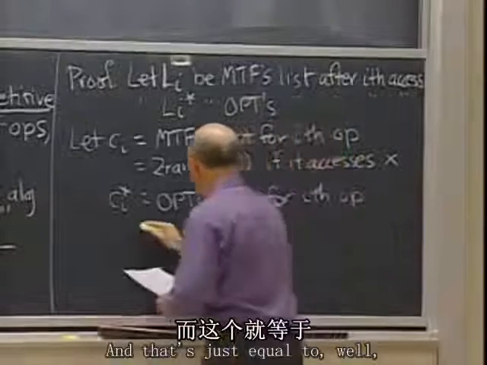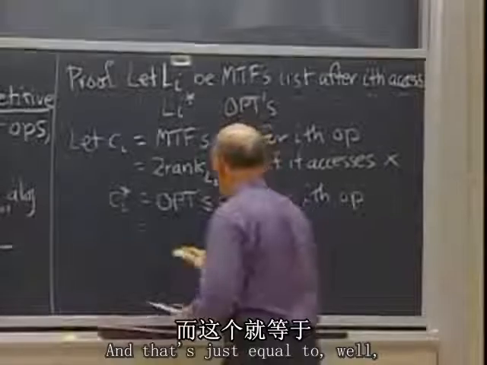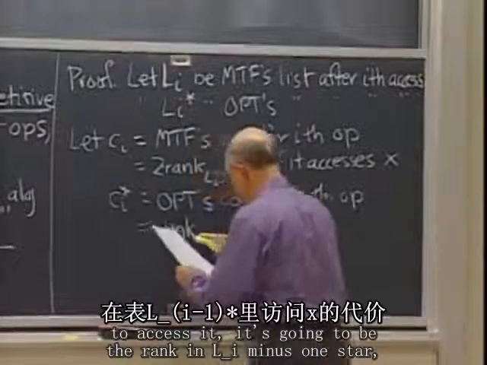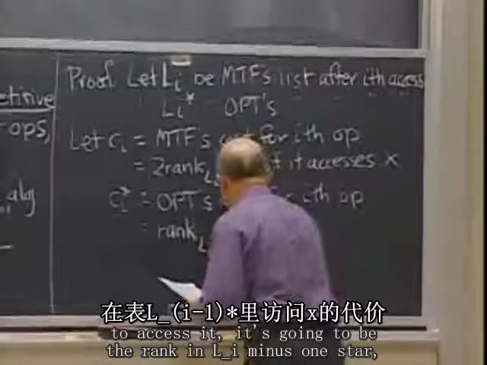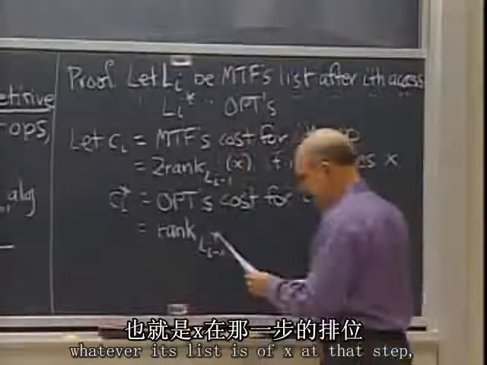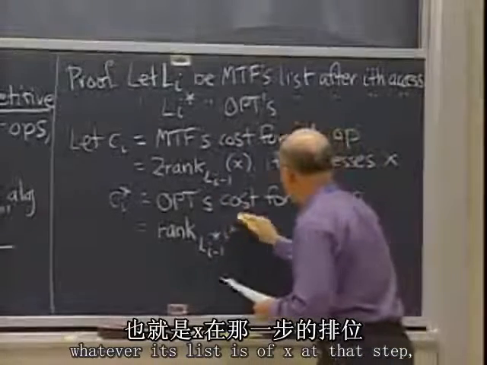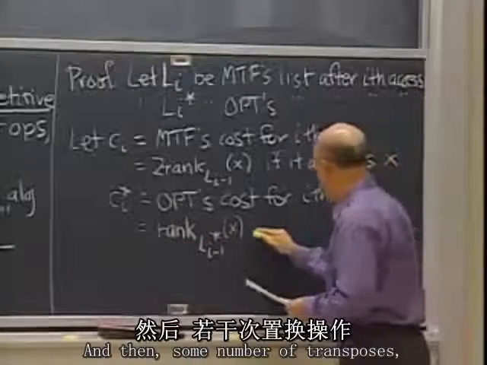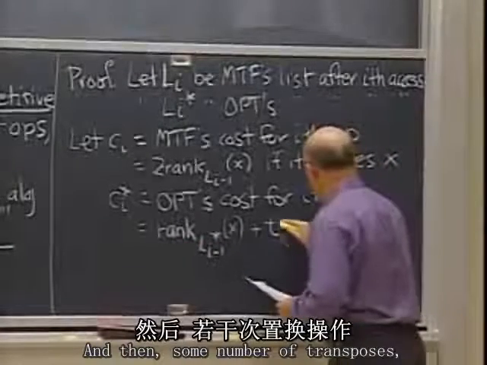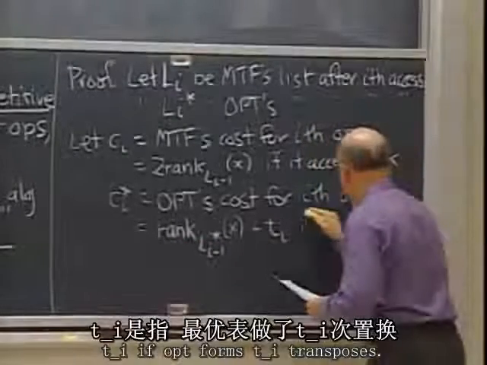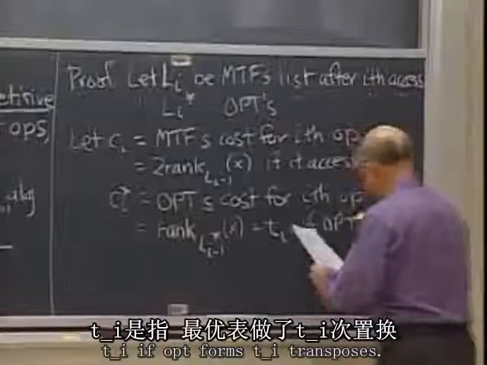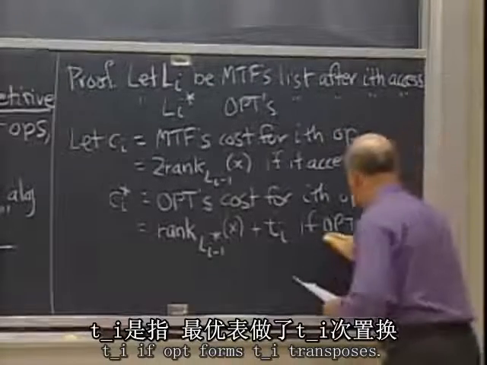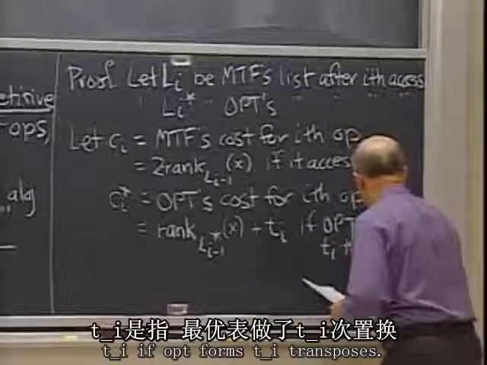And that's just equal to, to access it, the rank in L sub I minus 1 star, whatever its list is, of x at that step, because it's got to access it. And then some number of transposes, if OPT performs t sub I transposes.